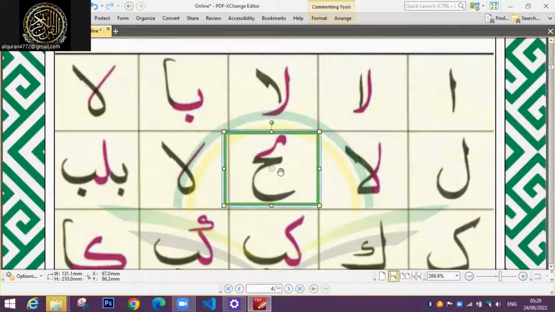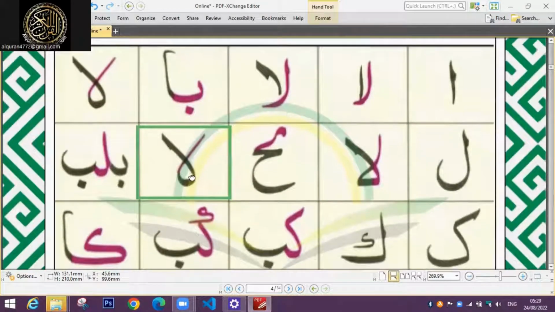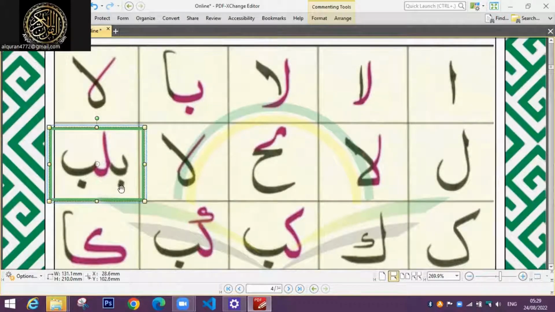Ha lam. No. First you have to read the lam letter. Lam ha. Lam alif. Ba lam ba. Good. Remember, I told you if a straight line is joined before a letter, that one is an alif.